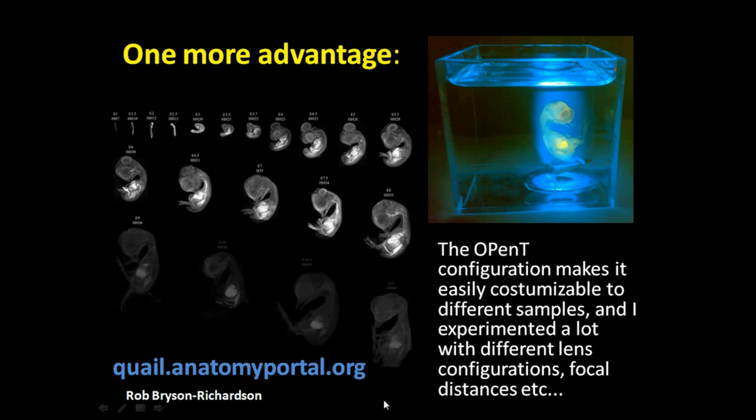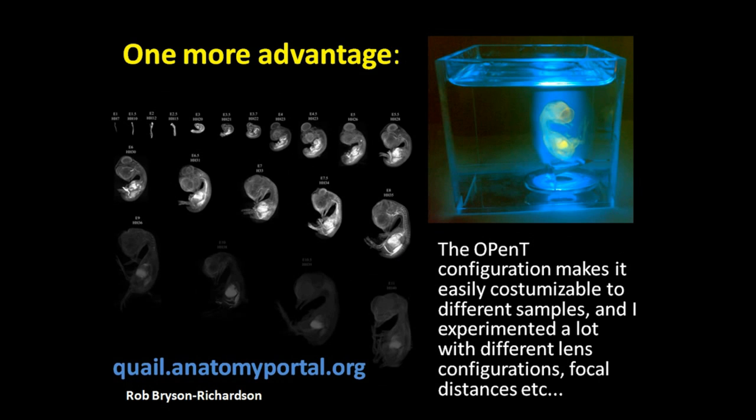He had access to an OPT 2001 scanner, and he could only image embryos up to about halfway through development. After this stage, the embryos are just too large for the commercial OPT.